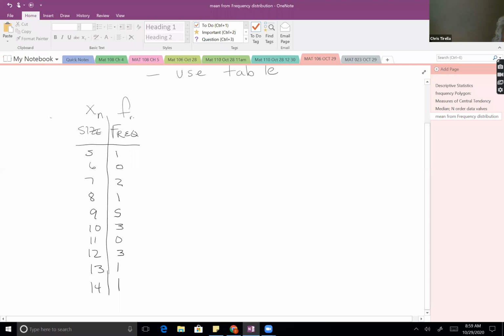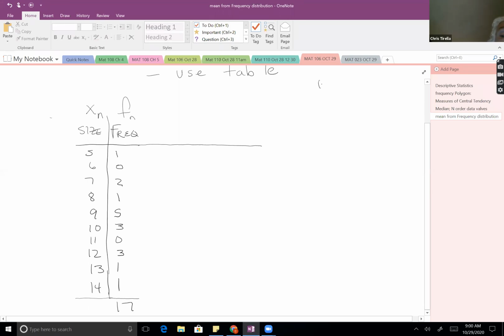The frequencies I'll call F. Now, if I asked you what the mean shoe size was for the class, should I just add those numbers and divide by 1, 2, 3, 4, 5, 6, 7, 8, 9, 10? I don't think so, because we didn't have 10 people in class. We had this added to 17.